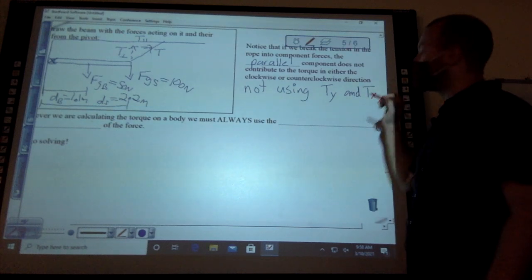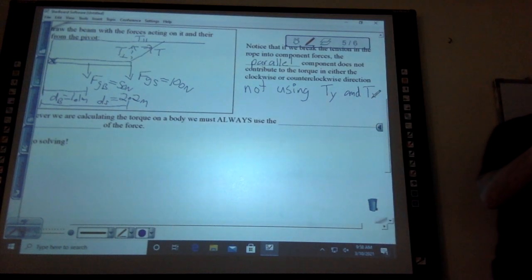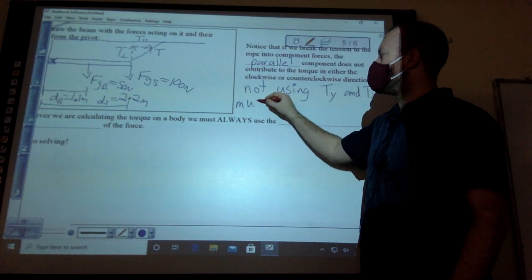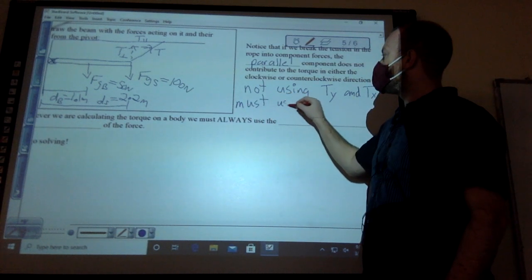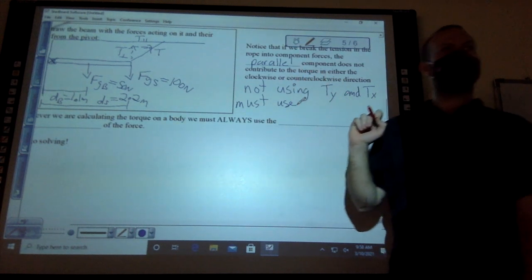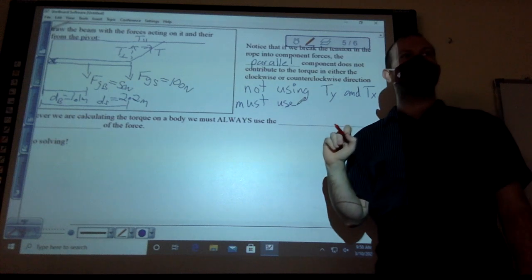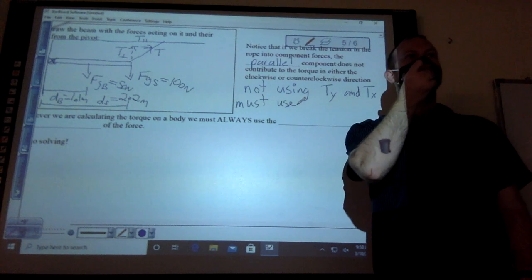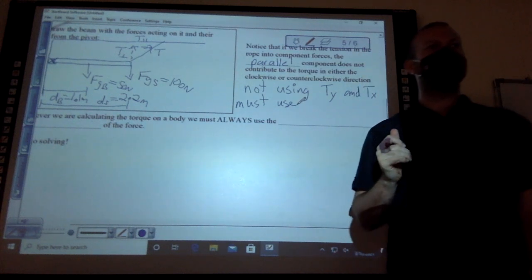So we're not using the x and y components. We must use perpendicular and parallel. In dynamics, when we're not dealing with inclines, we did x and y.